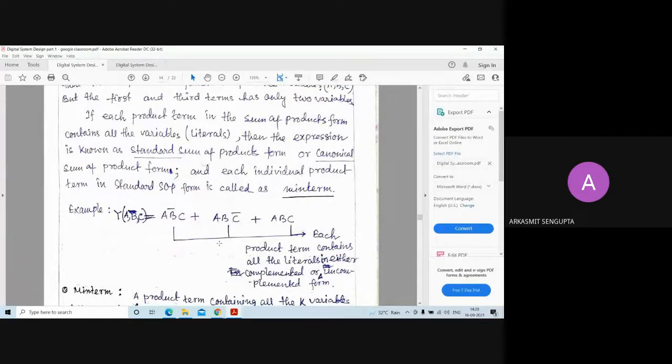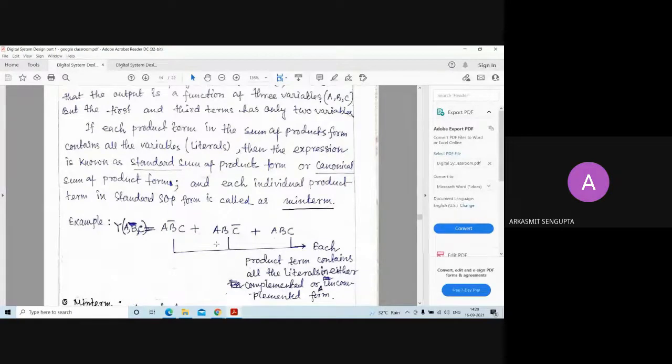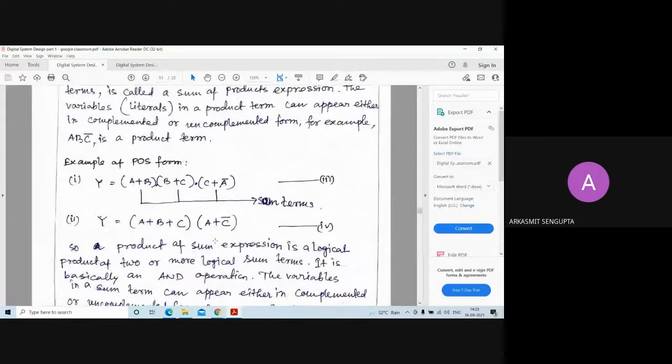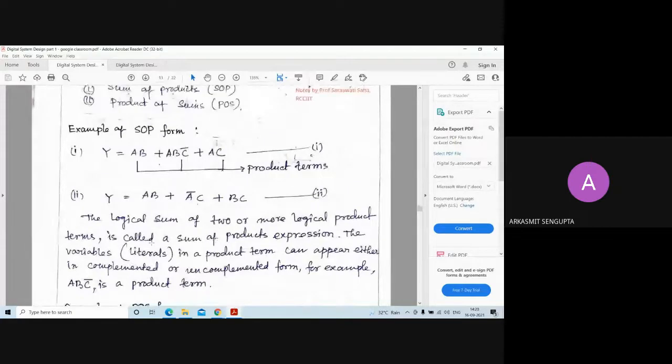Ma'am, I can tell. Yes? Who are you? Ma'am, Orko Smith. Orko Smith, please tell me. When each product term contains all the literals, all the complement or normal form. Yes, all the literals. I don't use this term, literals, because just yesterday I told that input variables are also known as literals.